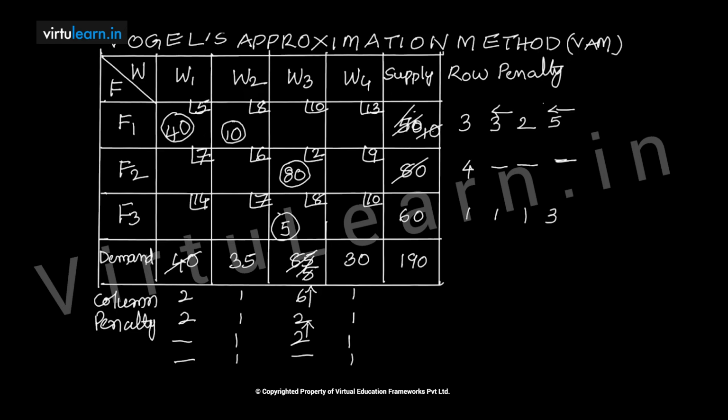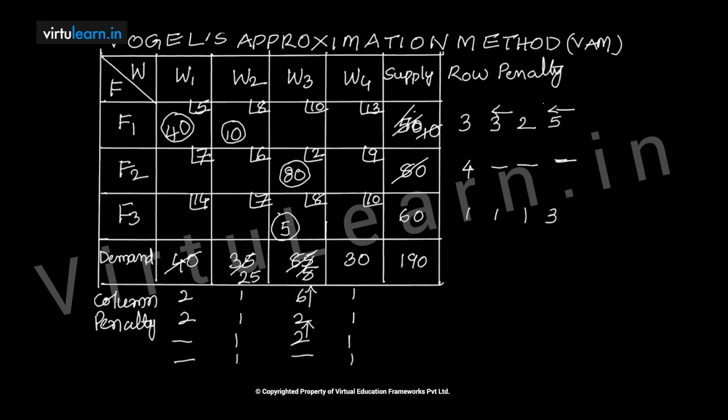And in case of this thing, we have made allocation of 10 in W2. That means out of 35, 10 are satisfied and 25 still we have to make allocation. So W1 is satisfied, W3 is satisfied, F1 is satisfied, F2 is satisfied. That means we have only F3 row we can make allocation.